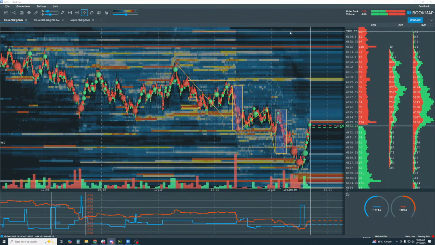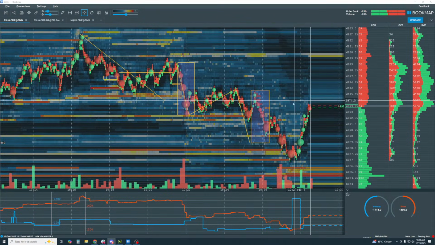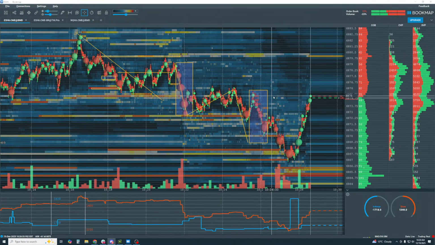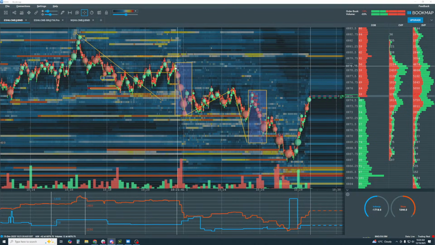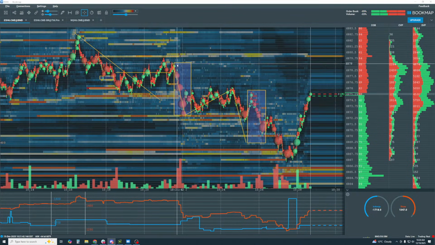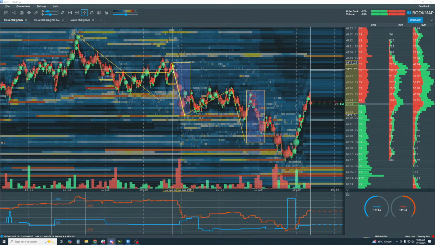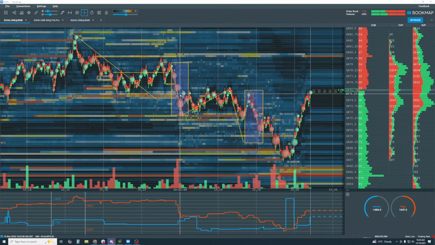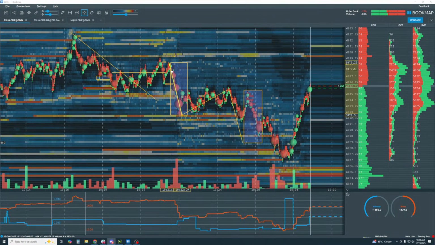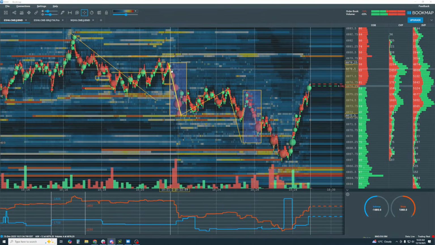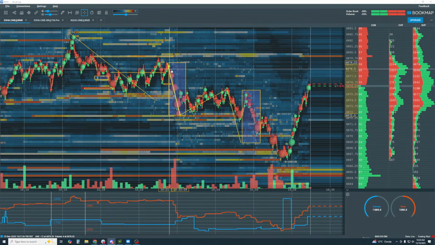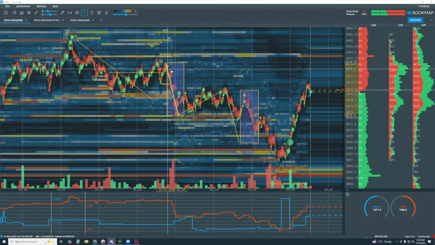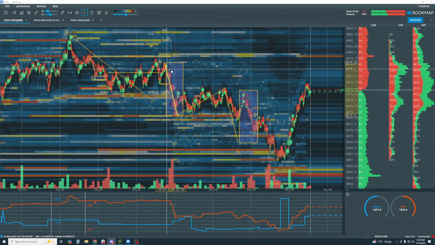Measured move is something I like very much because you start to understand how much power, pressure, ammunition, liquidity or volume the aggressive buyers and sellers may have. This came from me looking at the tick or the ticky for the NYSE or the NASDAQ for the internals, and understanding that there's only so much pressure the market has.